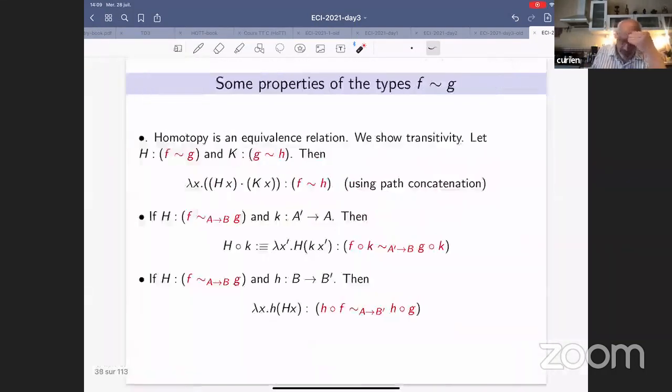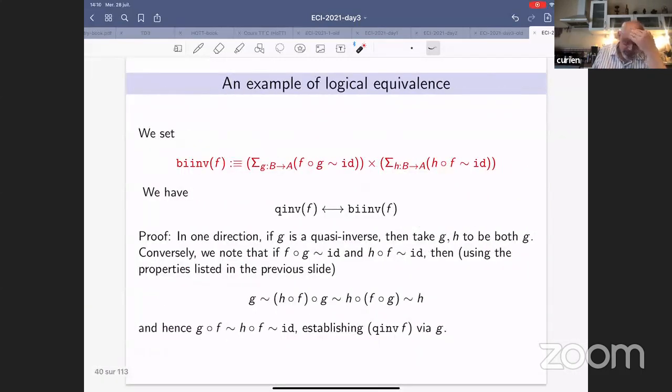A little bit later, some properties of homotopy, and a little bit later, I introduced this other seemingly very close, very similar way to state that F has an inverse.